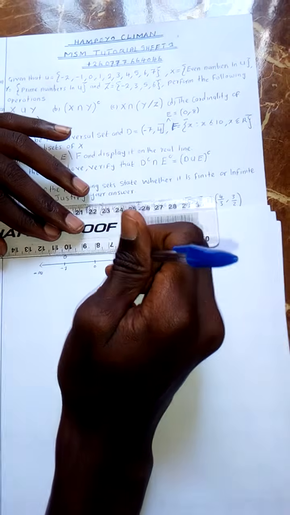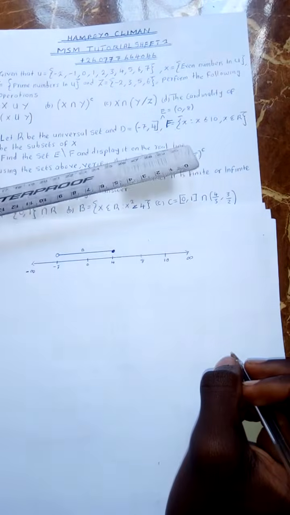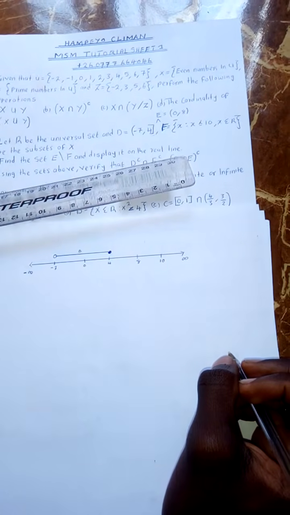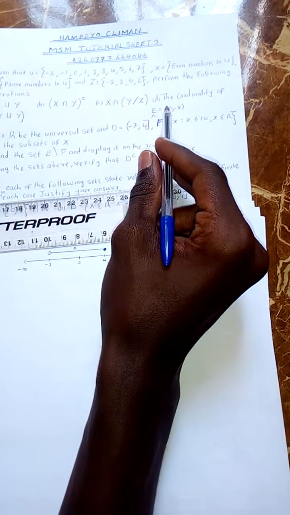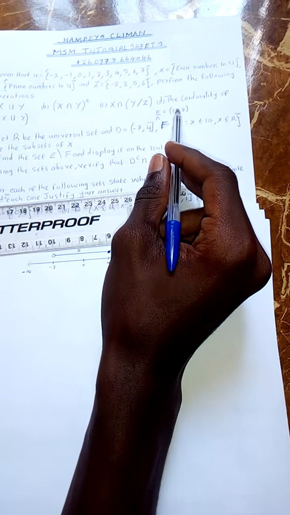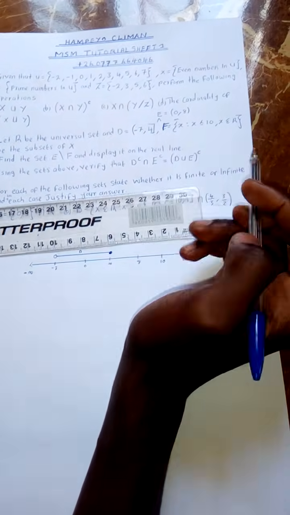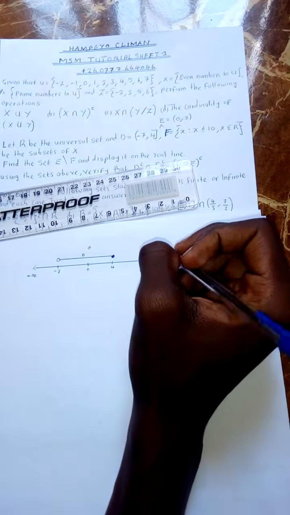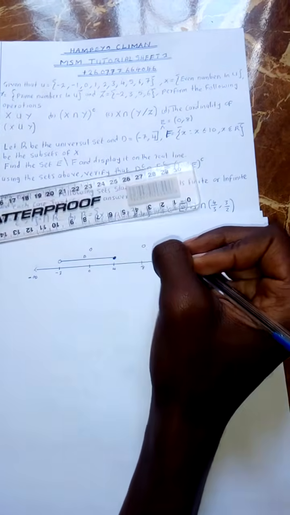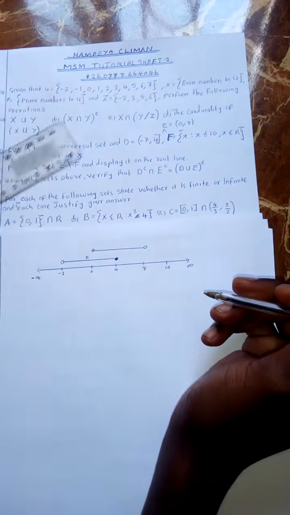So I'm going to draw a line, then I name this one D. Then for the second part, we have been told that E is from 0. Since these are brackets, this simply means that these numbers are not included. So I'm going to open the circle at 0. Then I'm going to also open the circle at 8 and draw a line of this kind.